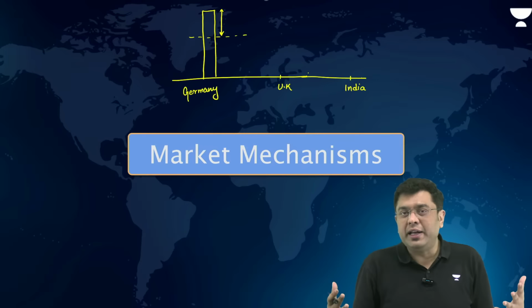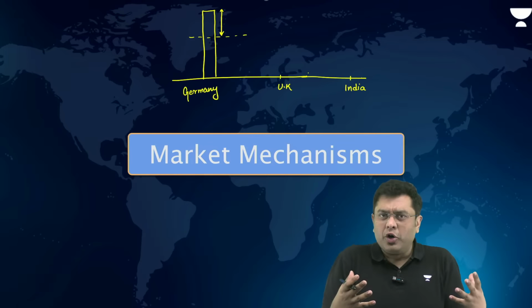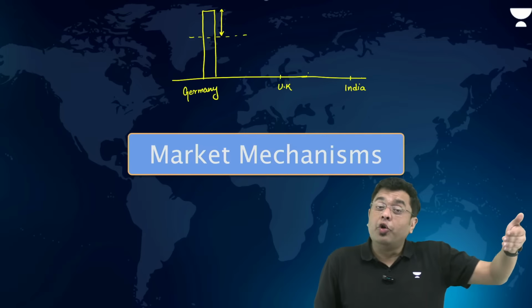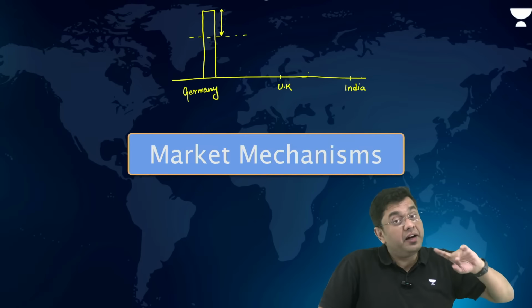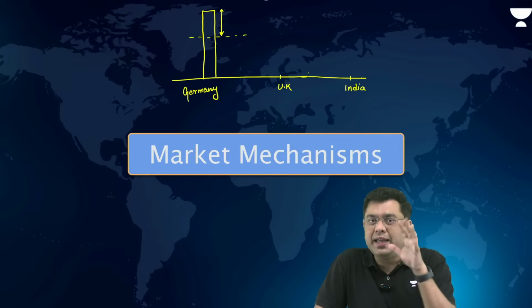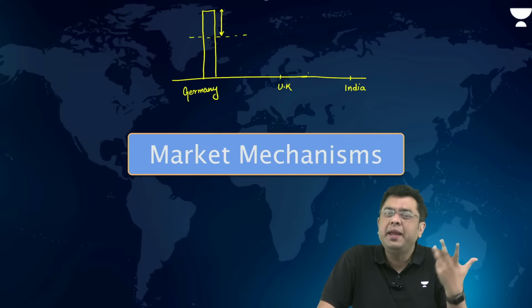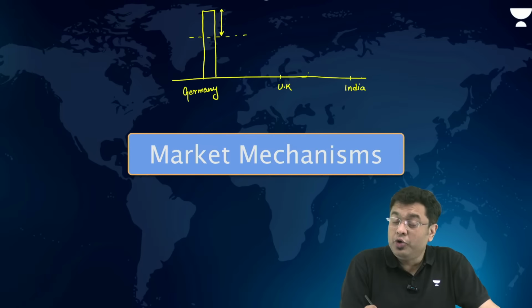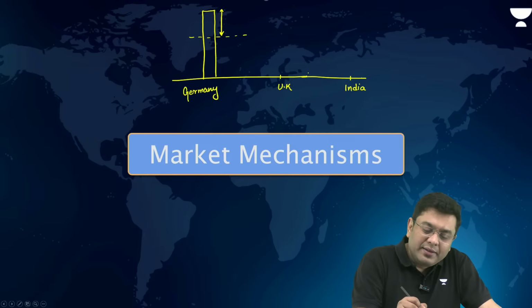Because India, if you think about it, is a growing economy. Every year, our energy requirements go higher up. So rather than setting up a thermal power plant, which will add to the greenhouse gases, why not have Germany invest in a solar power plant, which will be emission free? So Germany will invest in India to reduce the emission by this X amount.